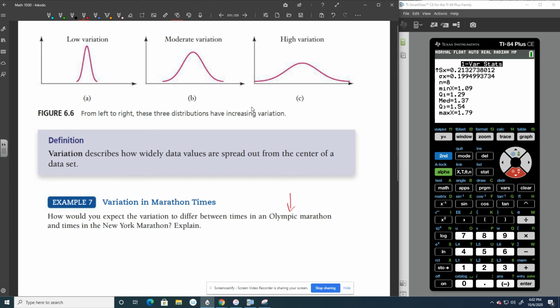You don't have these casual runners and you don't have these superstars, because they're all superstars. So the Olympic marathoners are probably going to have a low variation graph. The data is probably going to be pretty close together. In fact, sometimes when you look at their race times, everyone is within fractions of seconds of each other, right? Especially on some of the shorter races.